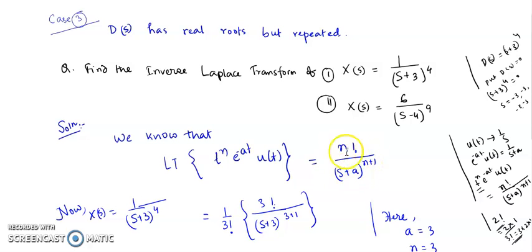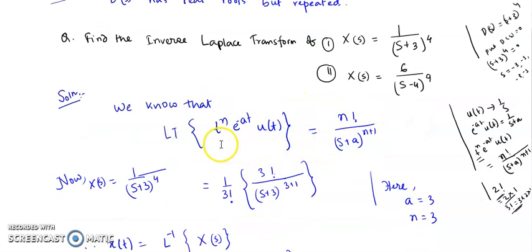You can then use the property of the inverse Laplace transform to get the inverse Laplace transform of the given function. So this is the technique where repeated real roots are present, and we can use it to find the inverse Laplace transform.